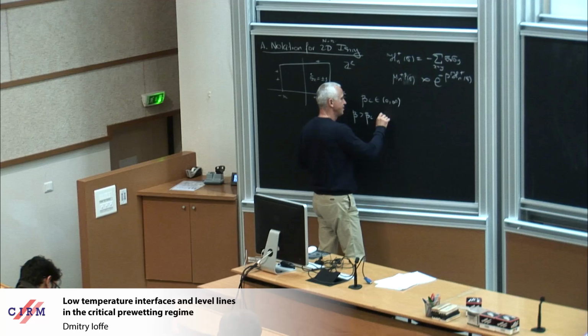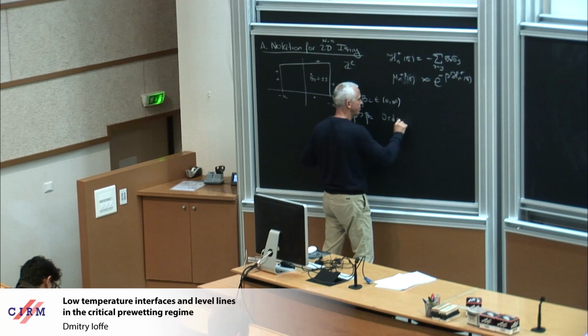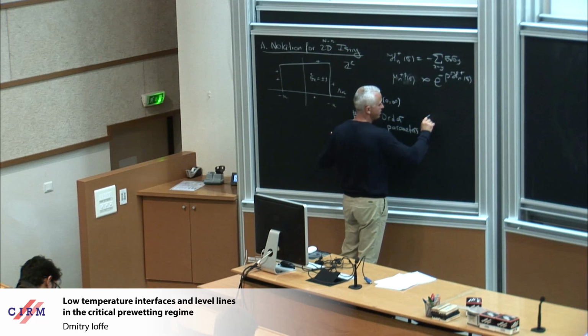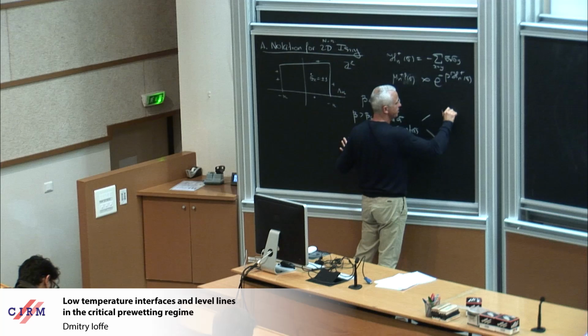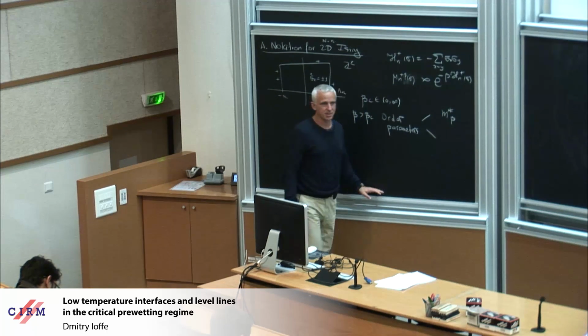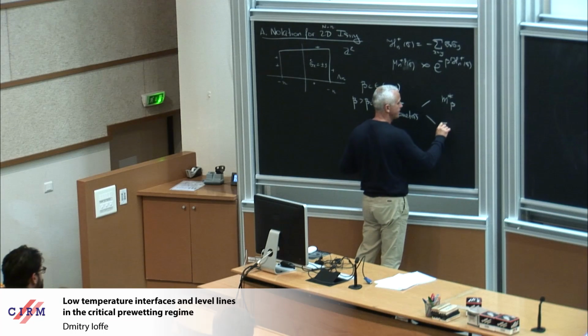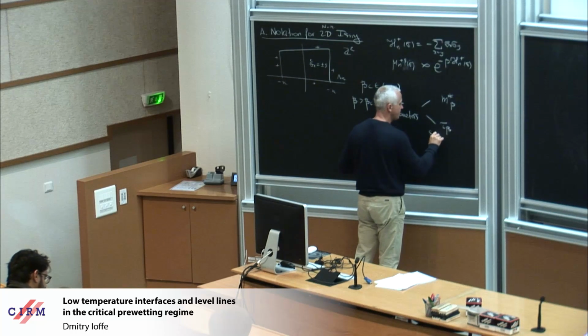One is called m star of beta, the spontaneous magnetization, and the other is called tau of beta, the surface tension.